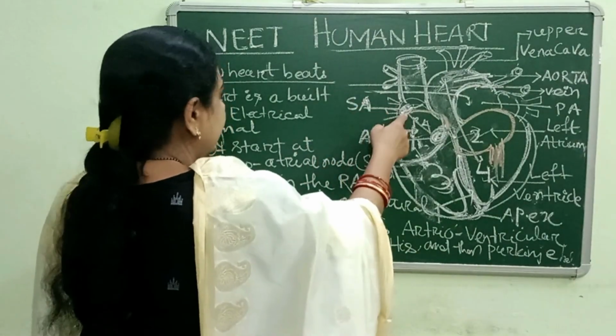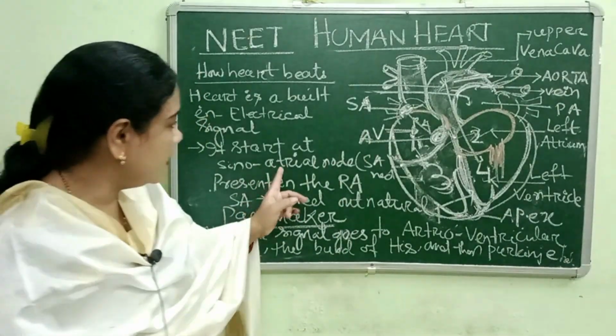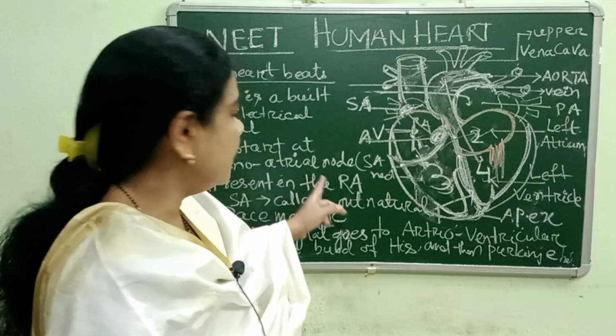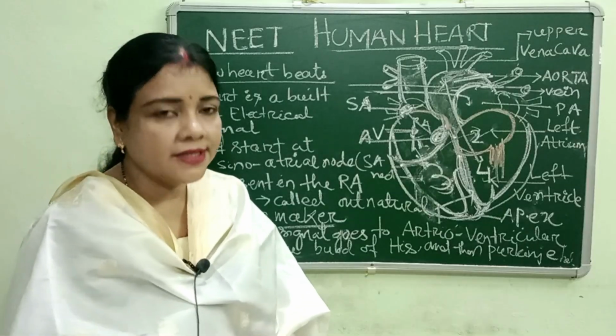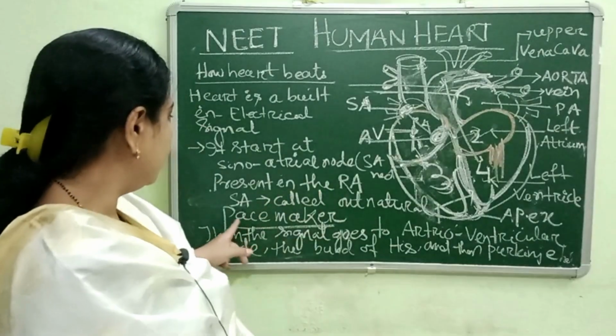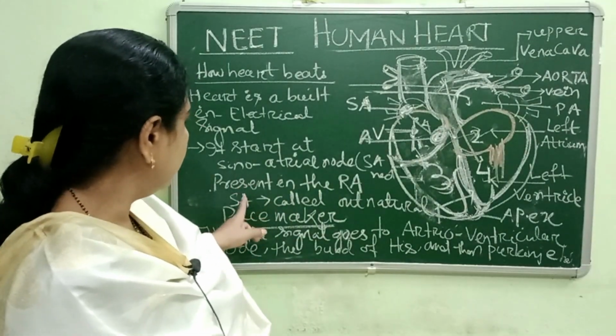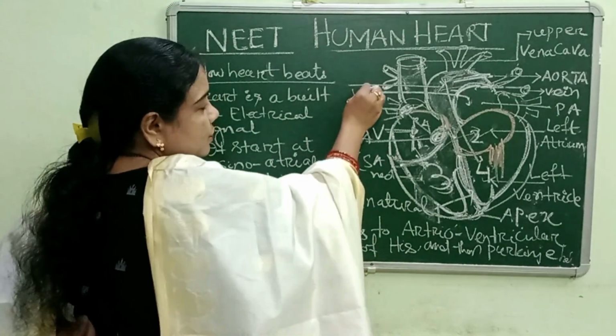From the SA node, the sinoatrial node, where the signal is first generated, it has to transfer to another node known as the atrioventricular node, the AV node. There are two nodes.